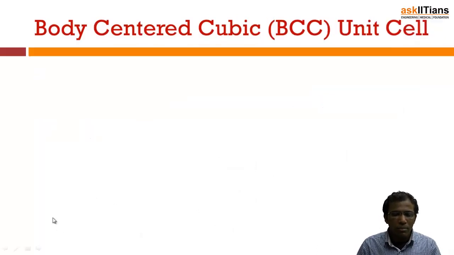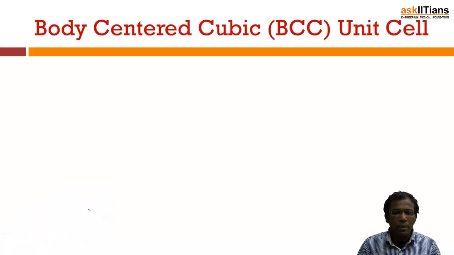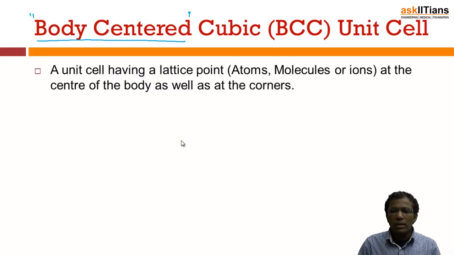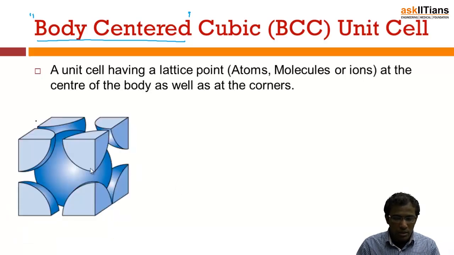The next thing is the body centered cubic unit cell. Body centered. So this unit cell has particles not only at the corners but also at the center of the body. At the center of the body. Okay, let me show you a picture.